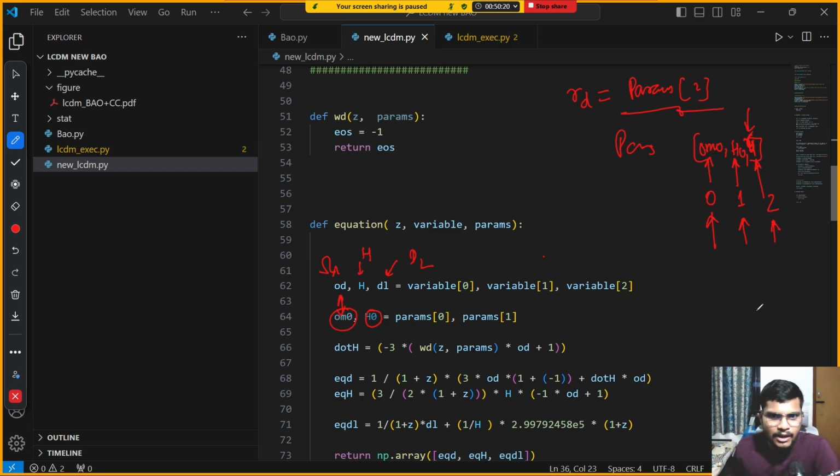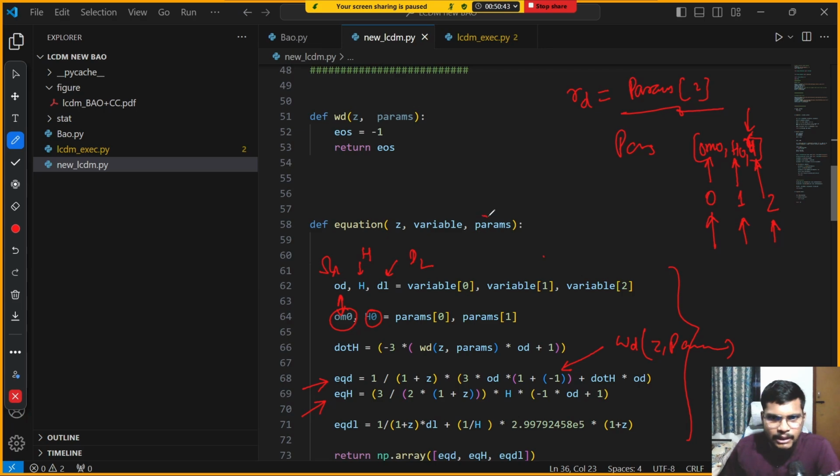This would be RD. Now since there is no requirement of RD anywhere, except when we are going to calculate DM over RD, right now I am just finding the evaluation. EQD, EQS, everything is gone over here. I am just writing -1. So whenever I have written -1, you can just write over here omega d, z, and params.